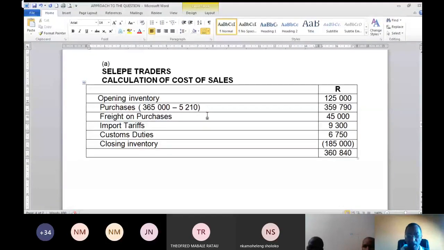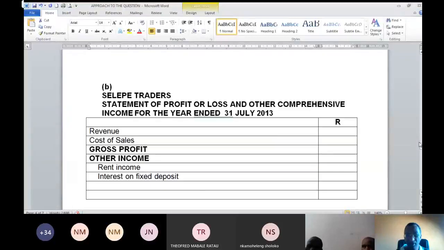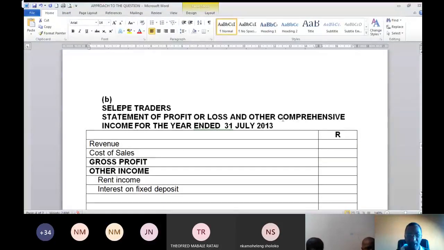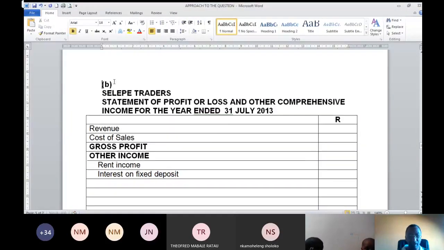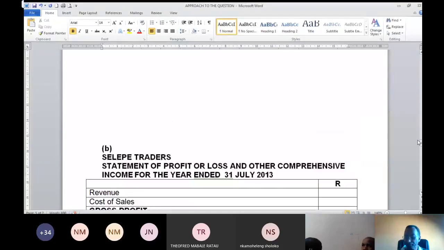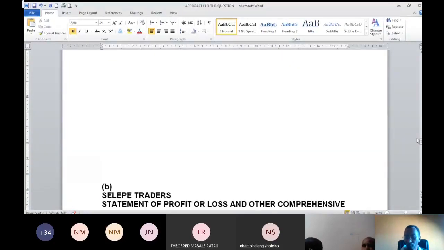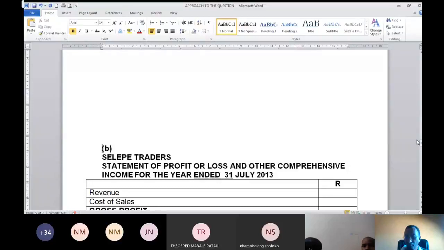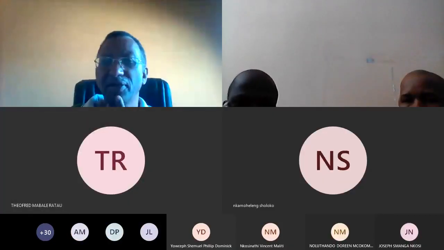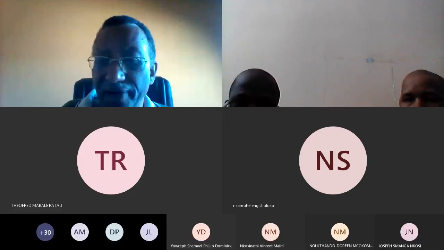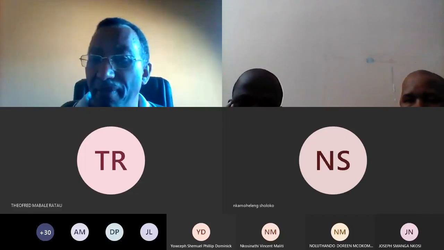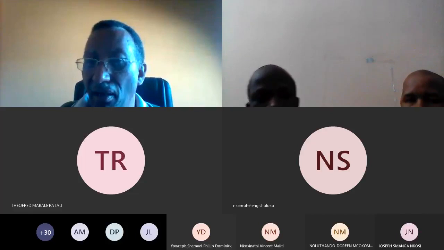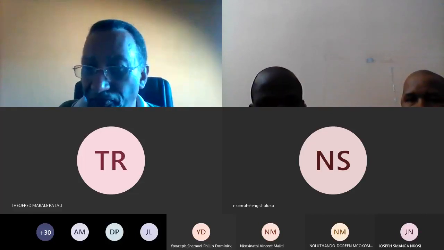Okay, guys, I'm moving on to the second part of the question. And the second part, guys, of the question, they want you to do the statement of profit and loss and other comprehensive income. So guys, if you want to do now the statement of profit and loss and other comprehensive income, remember, format is of the utmost importance here.